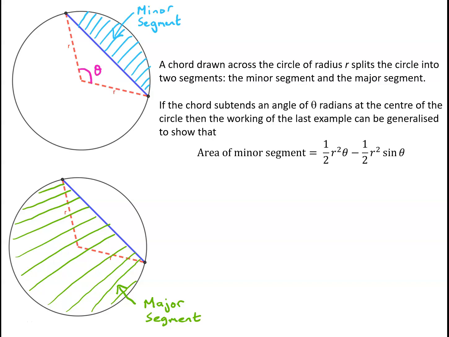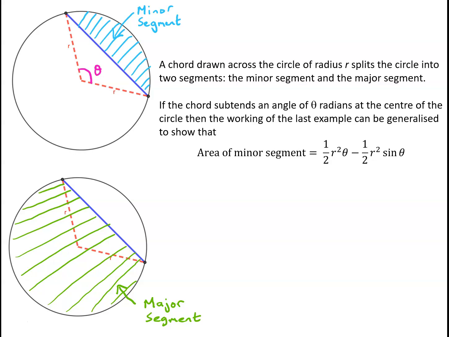The working that we did in the previous example generalizes to give us a formula for the area of the minor segment, which is a half r squared theta, that's the area of the sector, minus a half r squared sine theta, which is the area of the triangle.